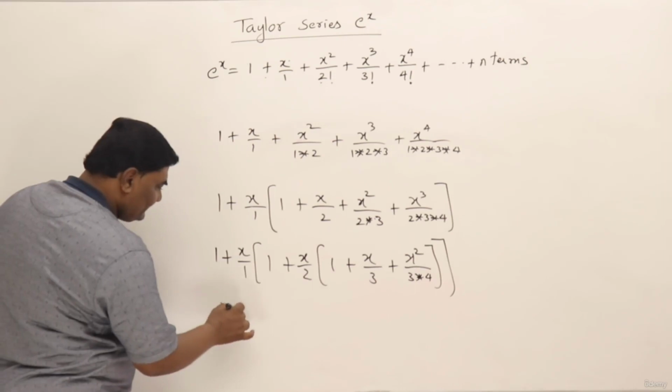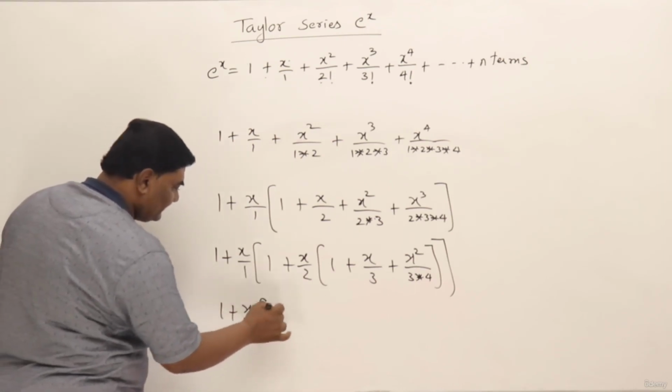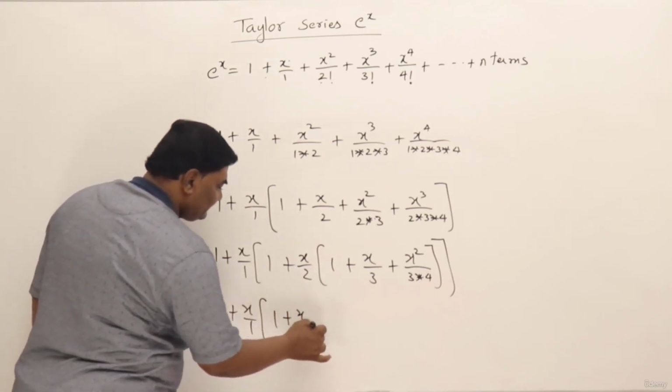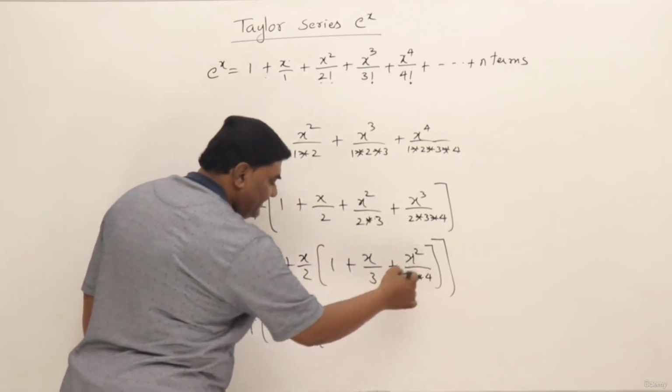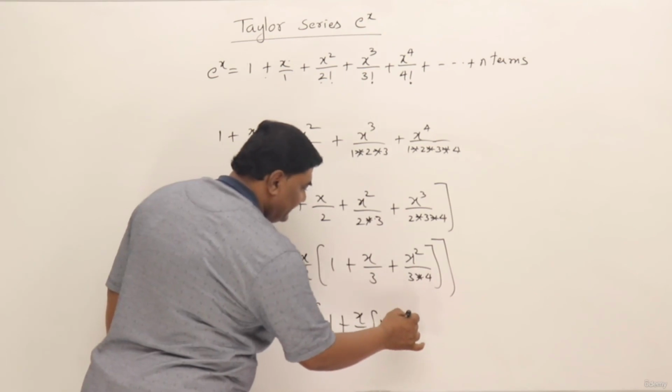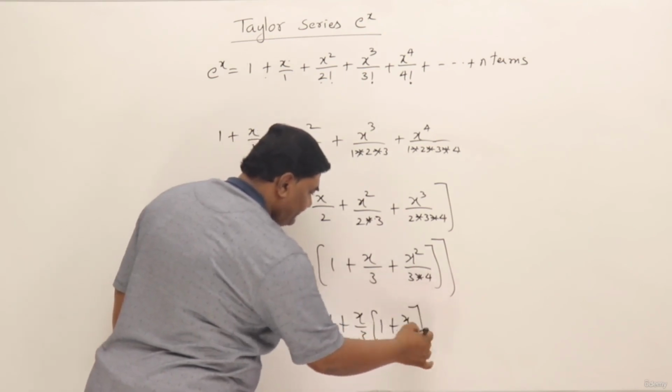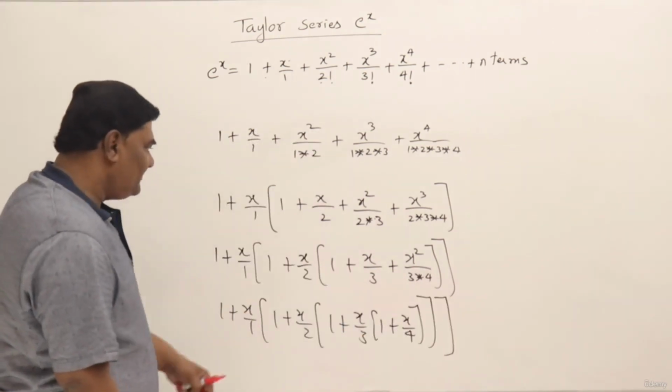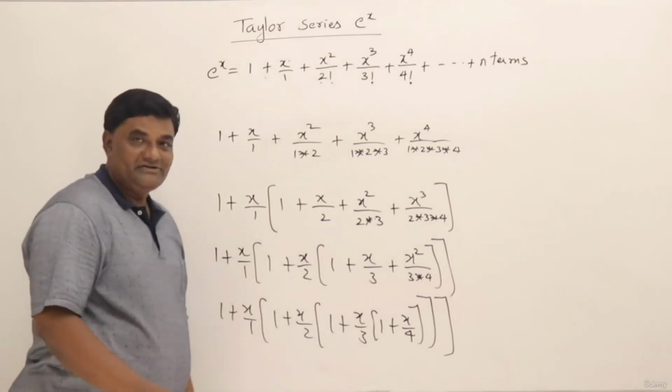Then 1 plus x by 1, 1 plus x by 2, 1 plus, here I can take x by 3 common, and this will be 1 plus x by 4. That's how by taking commons I have reduced the number of multiplications.